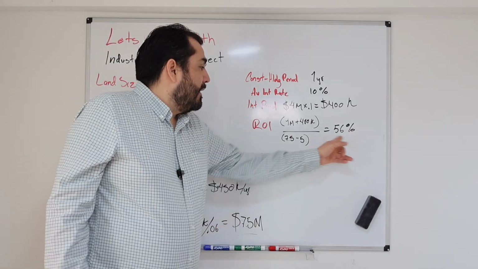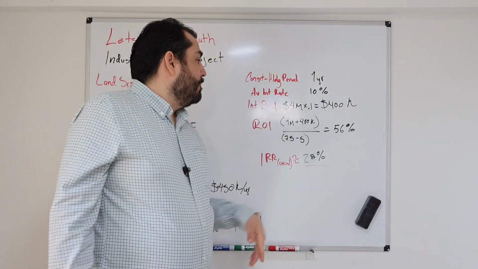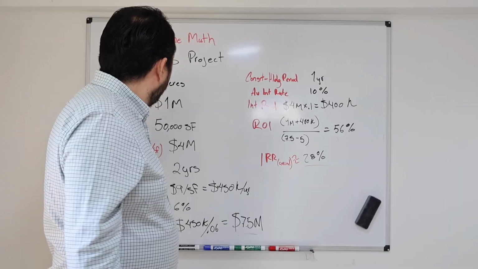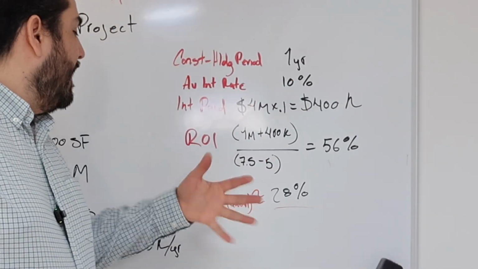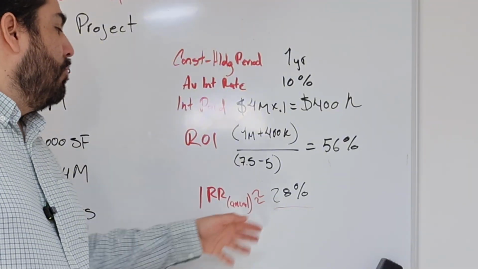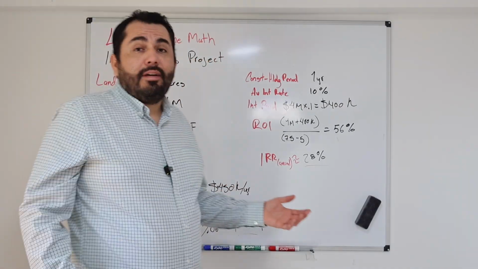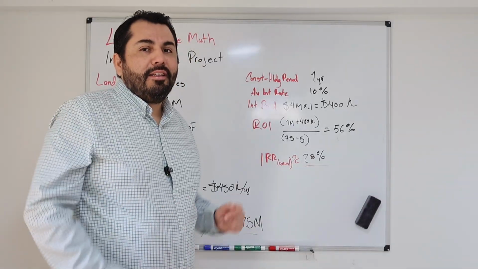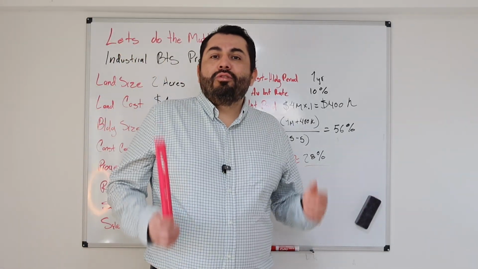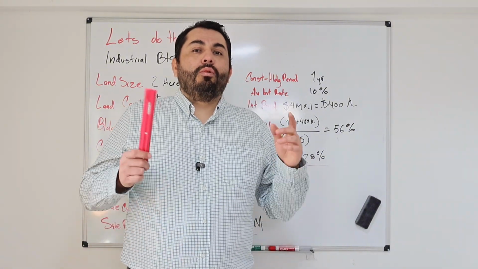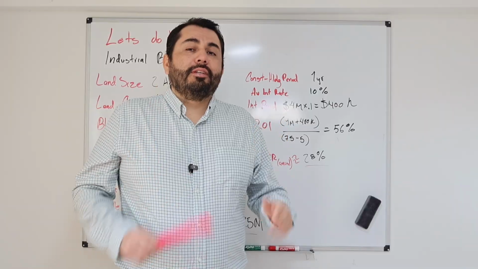So that will be around 56% return on investment in a 2-year project. It's quite good, don't you think? Basically, the internal rate of return will be around 28% a year. So I don't think the bank will pay you that interest. This is a good way to make money without the risk of leasing that project.